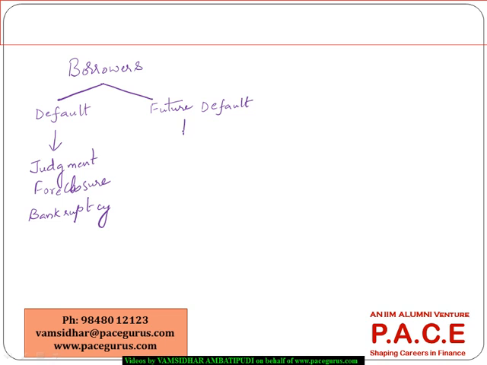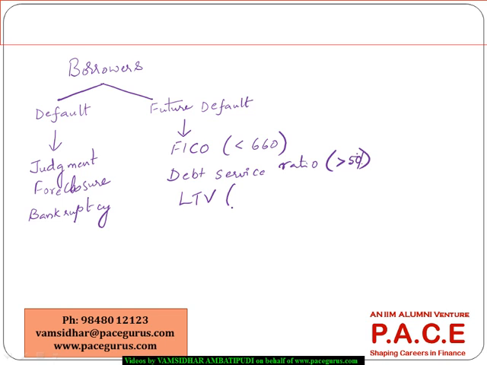Or when we look at the FICO scores, anything less than 660, or a debt service ratio greater than 50%, or a loan to value much greater than 95%.